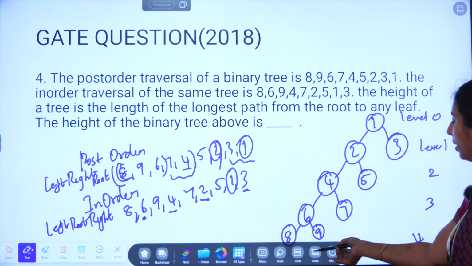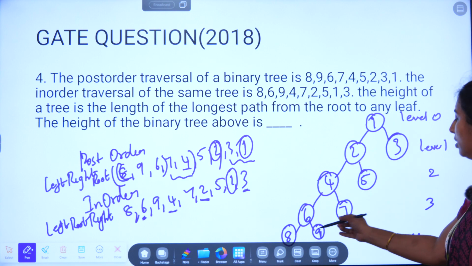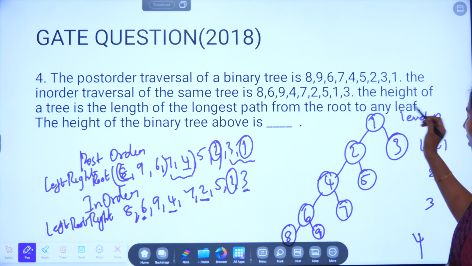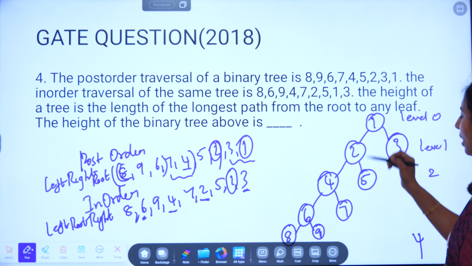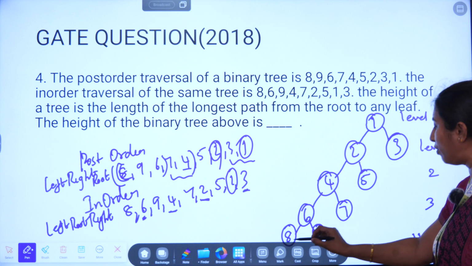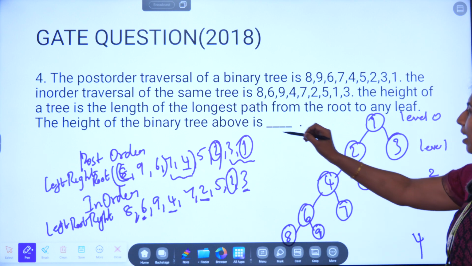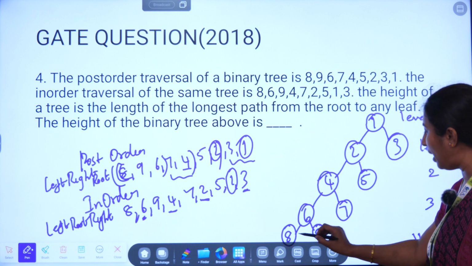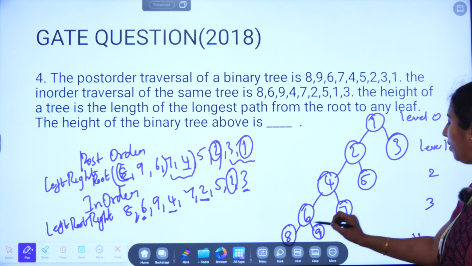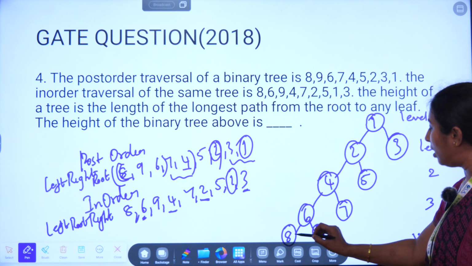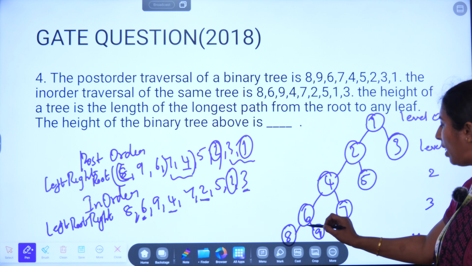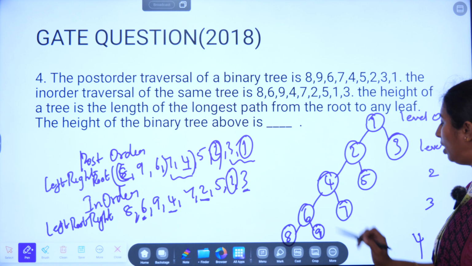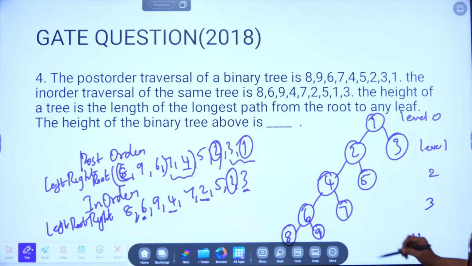Height of the tree is measured from the leaf node to the root node, or to any particular node we can find it from the leaf node to that node. Since they have asked the height of the whole tree, we are going to consider the number of edges in the longest path from the root node to the leaf node.